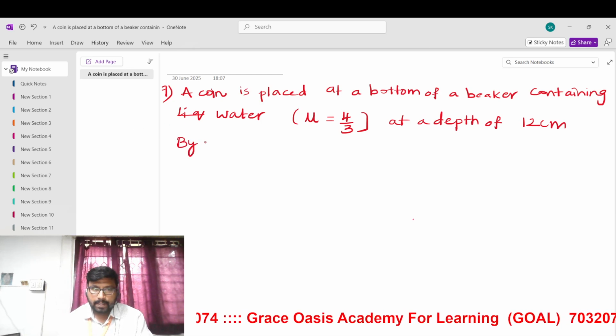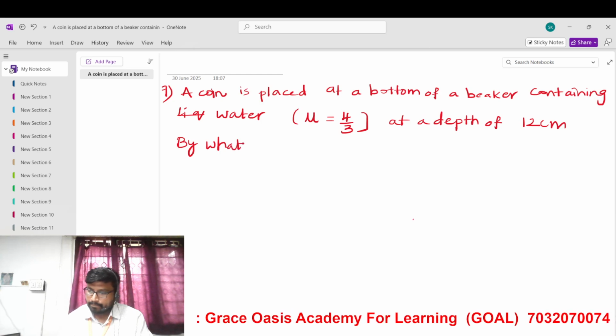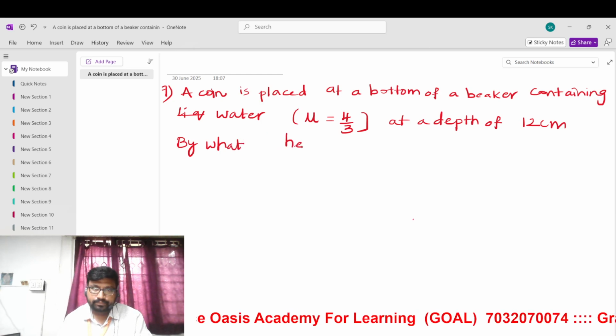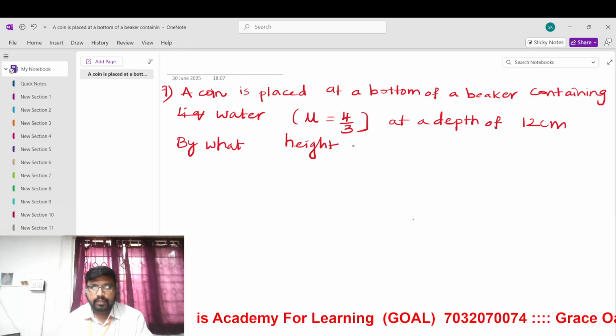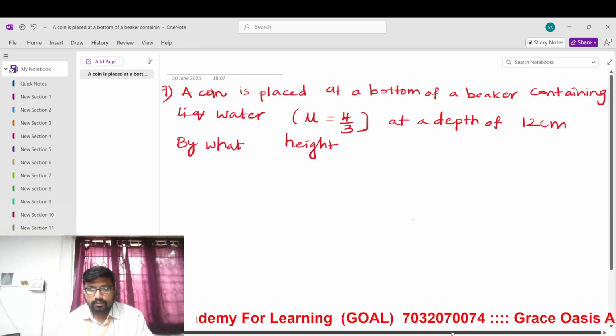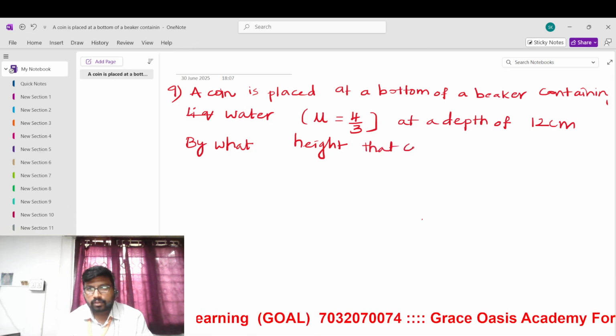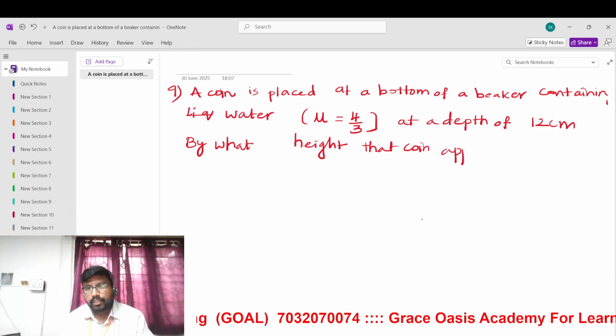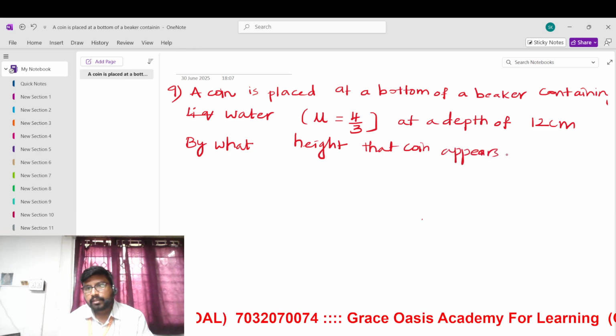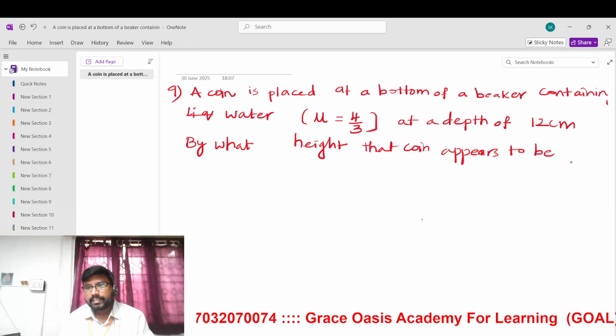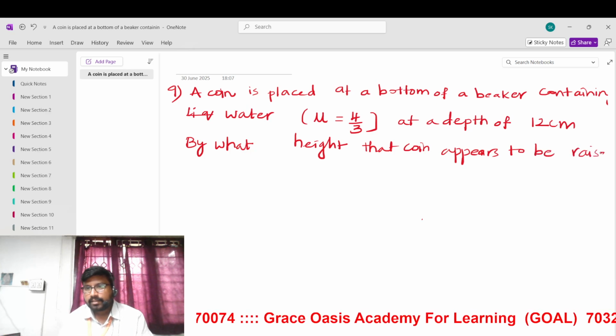by what height does that coin appear to be raised? Raised means what?